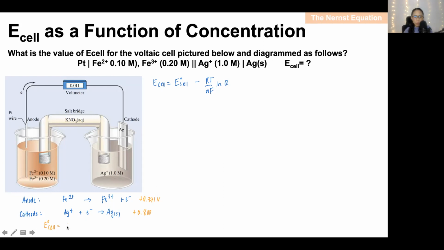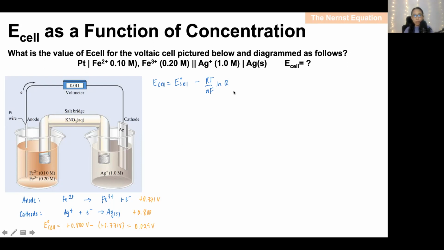So that's cathode minus anode equals 0.8 minus 0.771, 0.029 volt. Okay.